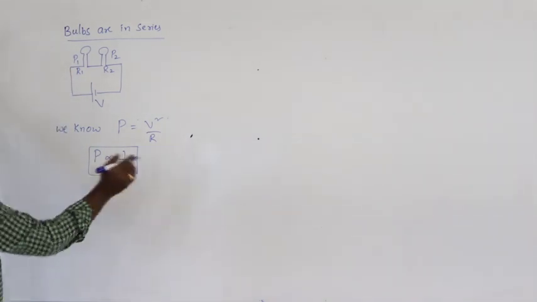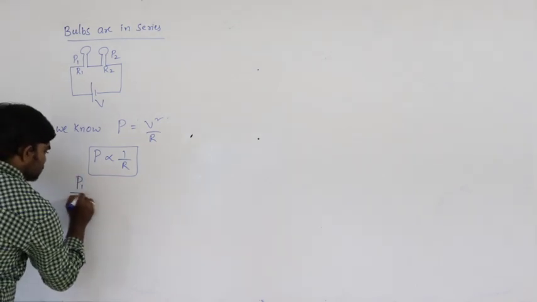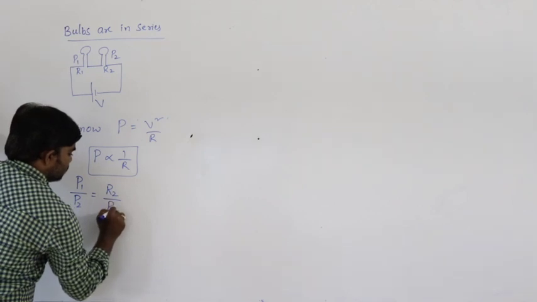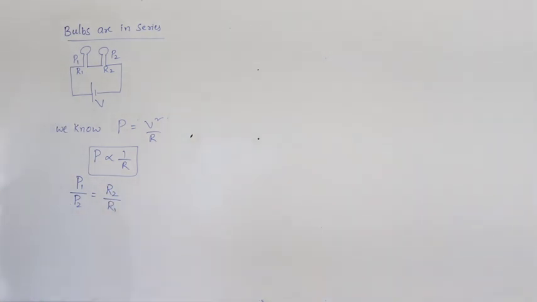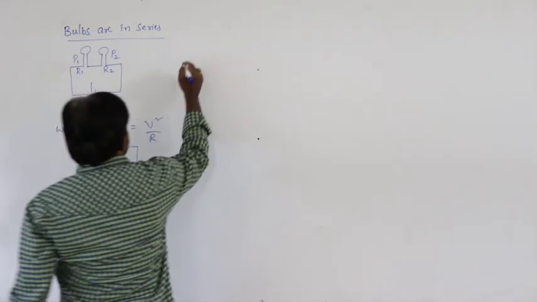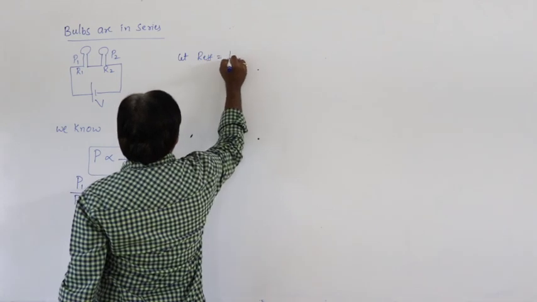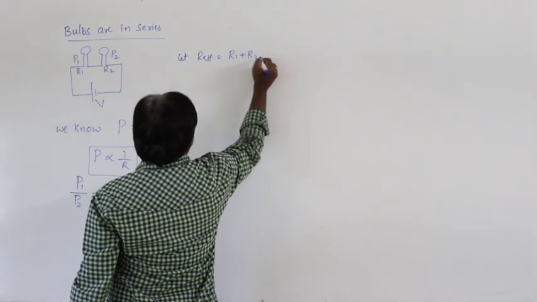So from this we can write P1 by P2 is equal to R2 by R1. In series combination, R effective is equal to R1 plus R2.